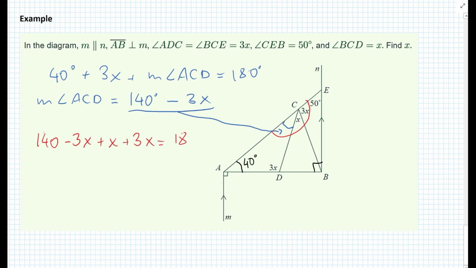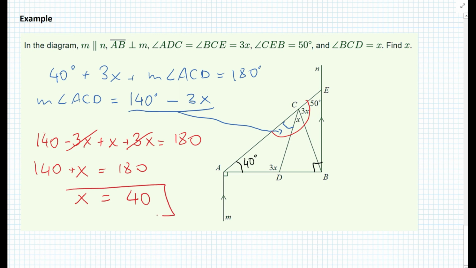That has to be equal to 180. It turns out that the 3x cancel here, and we're left with 140 plus x is equal to 180. So we can now subtract on both sides, and we end up with a value of 40 for the value of x, okay?